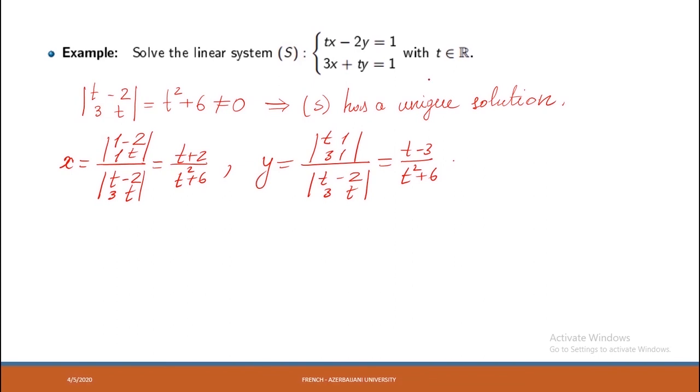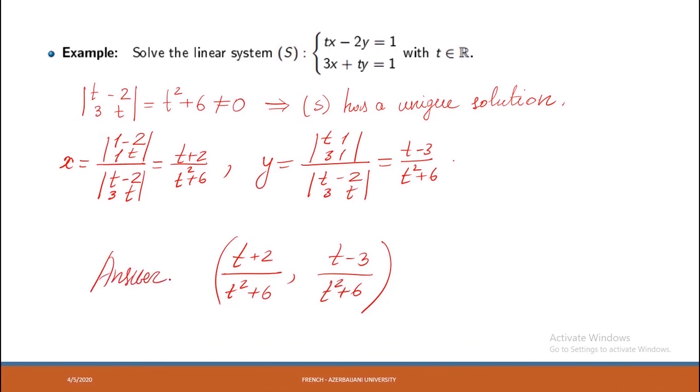Because of this, the solution of the linear system will be t plus 2 over t squared plus 6, t minus 3 over t squared plus 6. That's all.